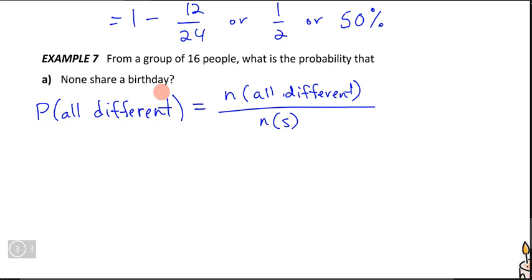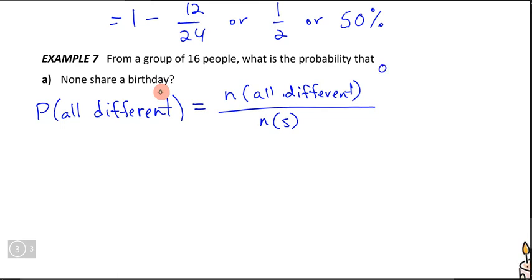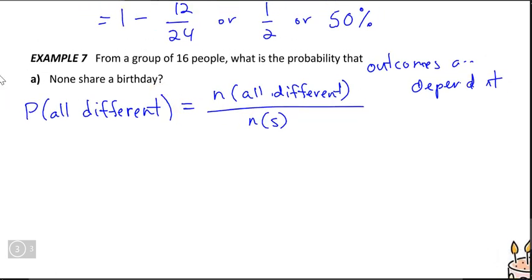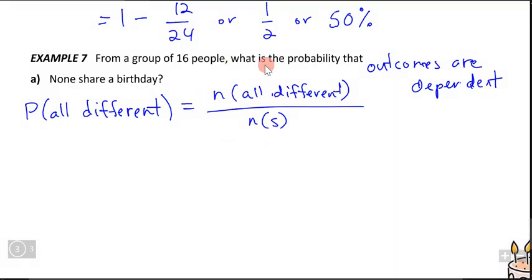Okay, so n of S. It's important to note here that this is where outcomes are dependent on each other. So outcomes are dependent. I don't know why my writing is not working. Okay, let me just save that there. All right, so there we go.